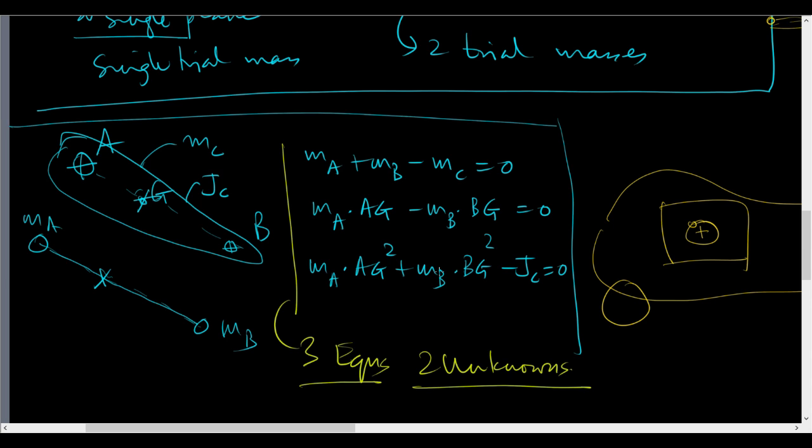What should we do? Well, some of you may think of a least squares solution. One way to do it is to take this one and square it, and take this one and square it, and take this one and square it, and add them up and minimize with respect to MA and MB. There is a problem. We don't want to do that because this has units of mass, this has units of mass times length, this has units of mass times length square.